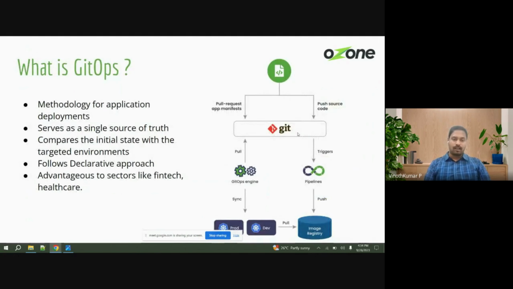So let's directly jump into the topic. What is GitOps? For those who don't know GitOps, I'll give you a very short answer. We know DevOps and DevSecOps, and maybe some of us know DevSecFinOps. So what is GitOps? Git is a traditional tool that we use for storing our manifest files or the source code of the application.